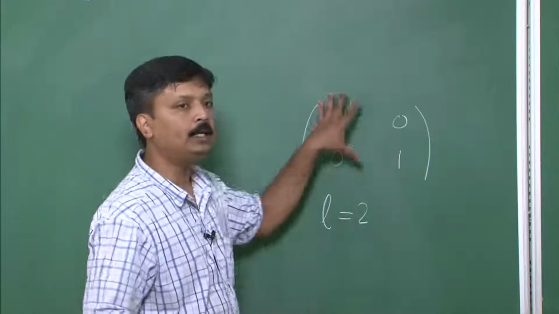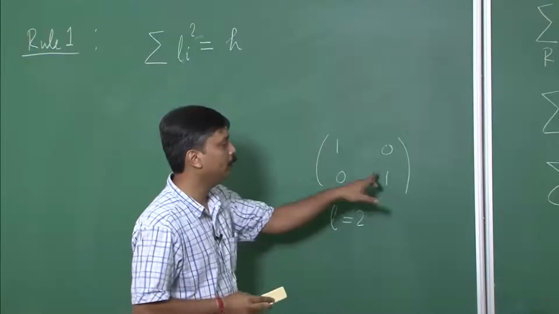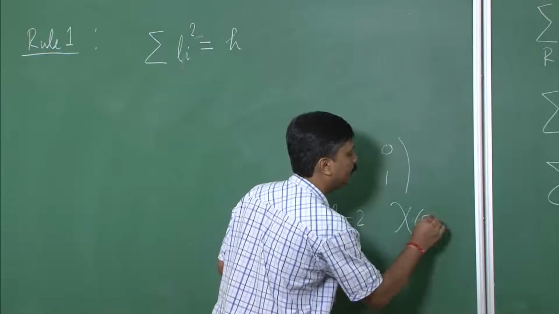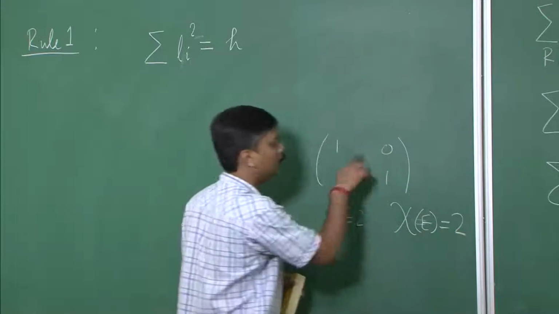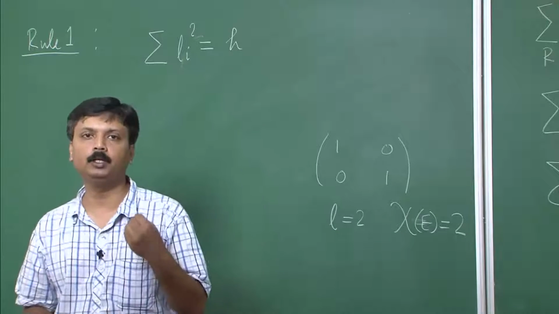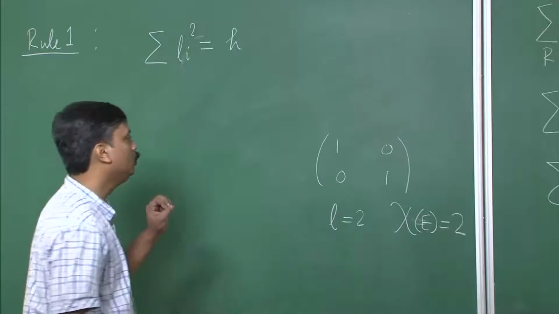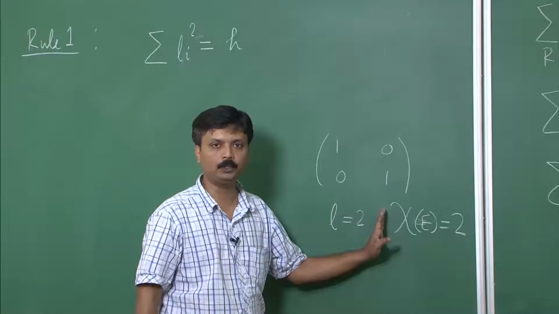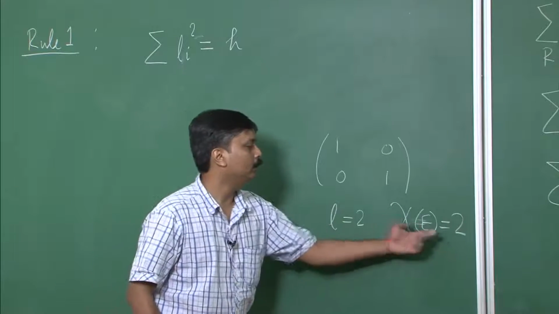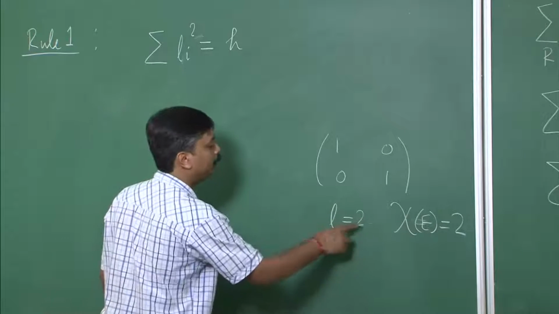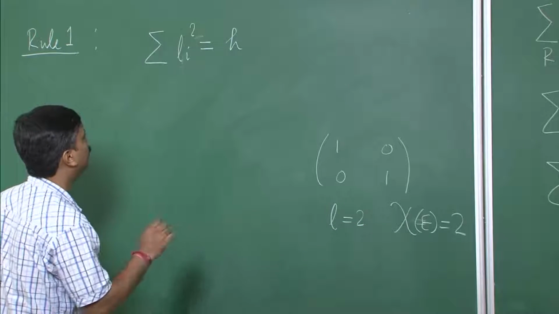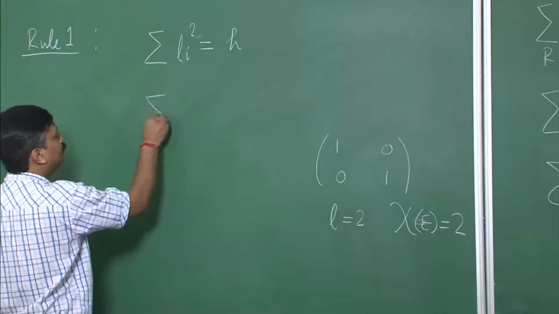Now if I look at the character under the identity operation, chi of E here is equal to 2, because 1 plus 1 equals 2. Therefore, to figure out the dimension of any given irreducible representation, all I should do is look at the character of the identity operation for that representation.